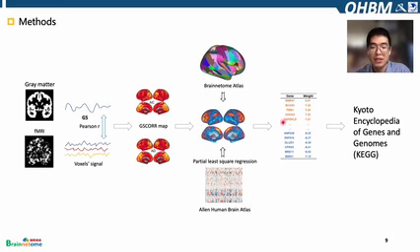Then we selected the significant genes by permutation, and genes were ordered by the PLS weights. Finally, we applied enrichment analysis on the significant gene list using the Kyoto Encyclopedia of Genes and Genomes, the KEGG.